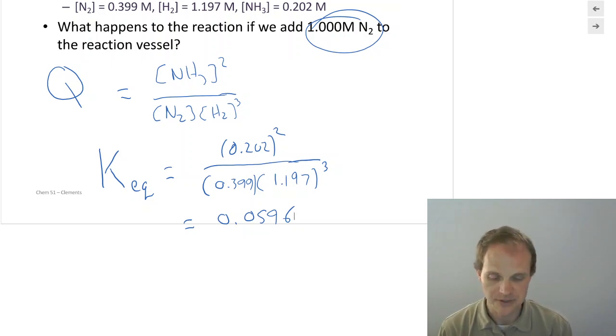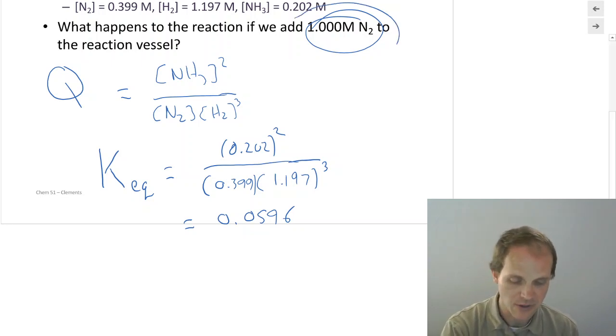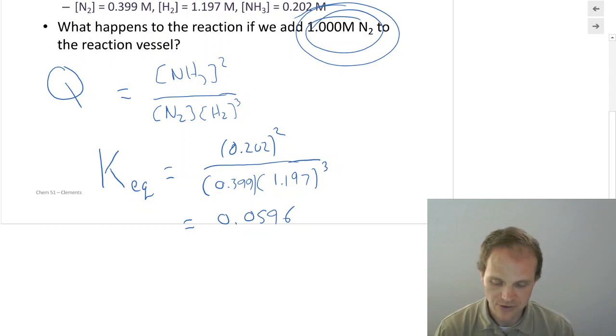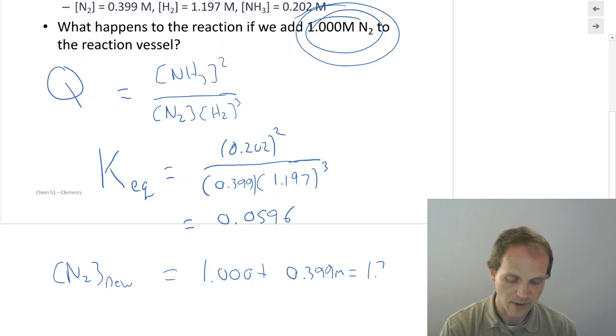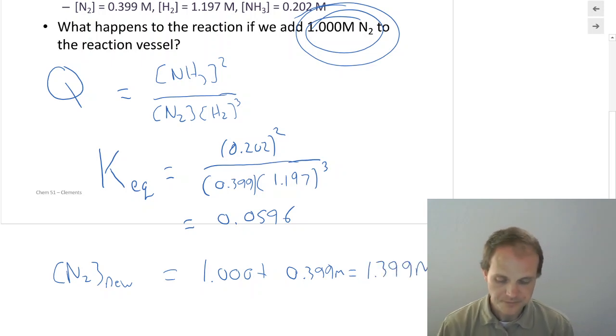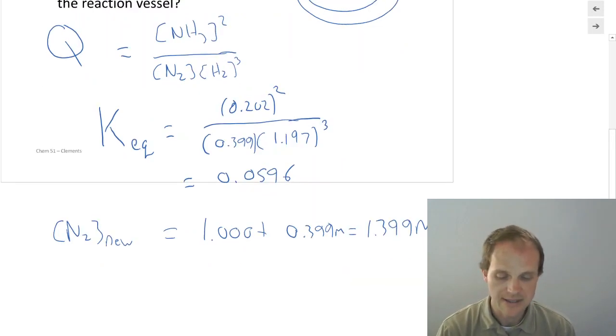Now we have K, and if we calculate Q, we can compare Q to K to see what happens when our reaction shifts. So that's what we're going to do. We're going to add that 1 molar nitrogen, so our new nitrogen concentration is 1.000 plus 0.399, which is 1.399 molar. We plug that into Q and see what happens.